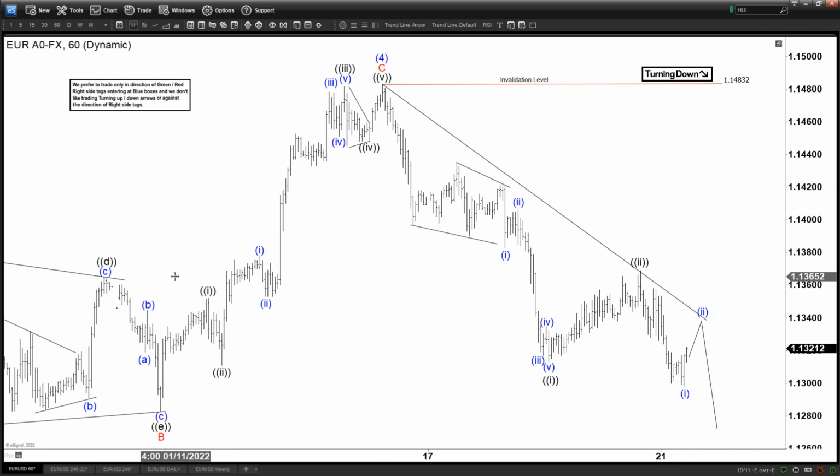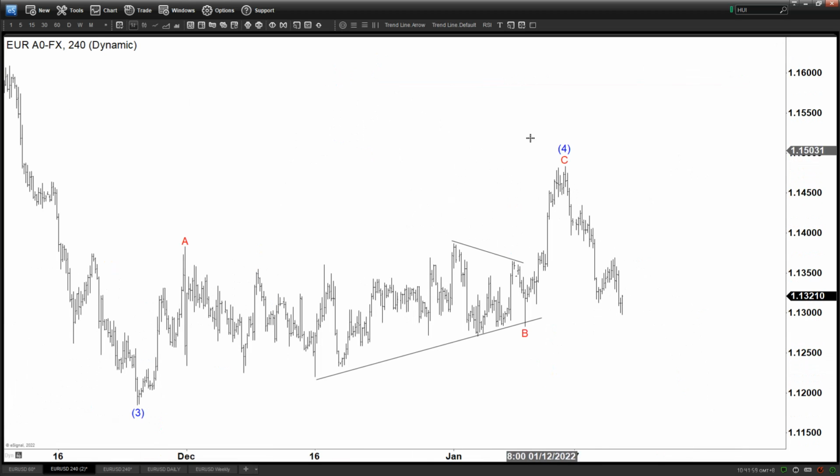That's why it is important to have a trading system to improve your chance, and you only enter when the edge is in your favor. For example, in the case of the euro, if I'm trying to sell a rally in three swings, because you only sell when you believe the trend is bearish, you only sell in a three swing.